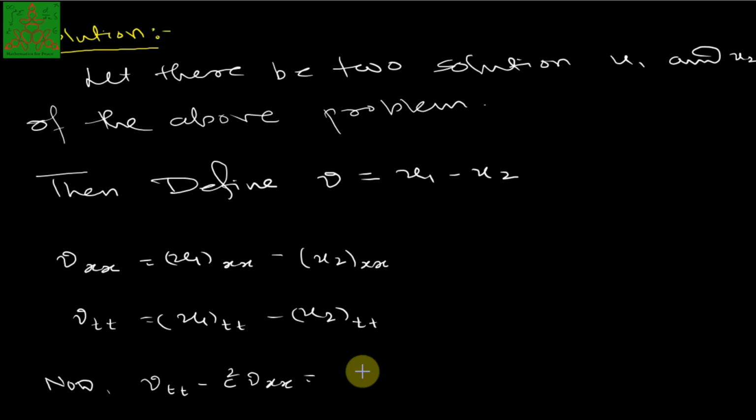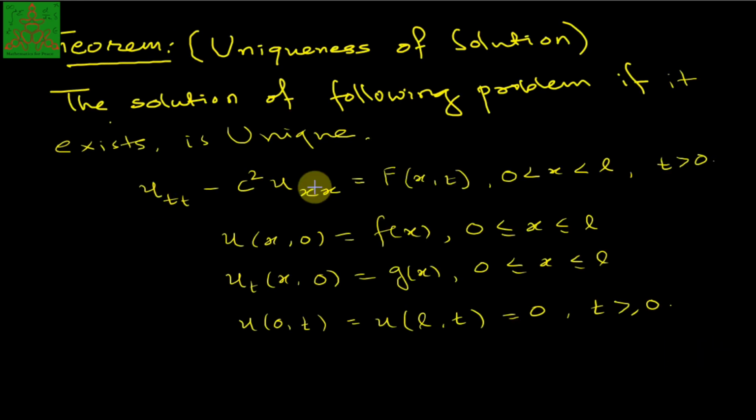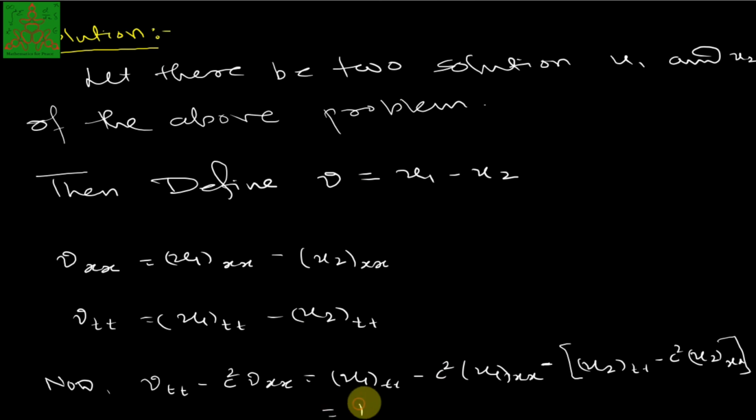That is u1_tt minus a squared u1_xx minus u2_tt, and the minus is common, so this becomes minus a squared u2_xx. Since u1 and u2 are solutions of this problem, u_tt minus a squared u_xx is f of x, t. So this is nothing but f minus f, which gives me 0.